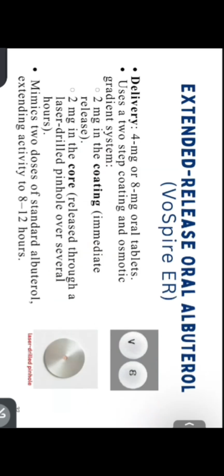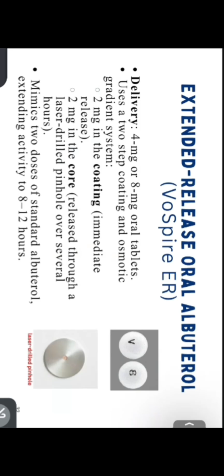So now we have extended release oral albuterol or Vospire ER. So its delivery is 4 milligrams or 8 milligrams oral tablets. And it uses a two-step coating and osmotic gradient.